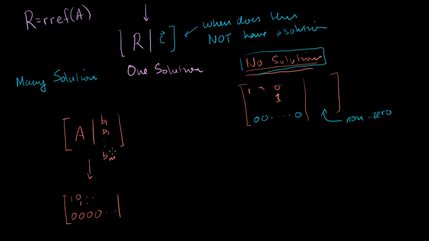When we perform the row operations on this generalized member of Rm, this last row has some function of the b's, maybe B1 plus 3 B2 minus B3. I'm just writing a particular case. It won't always be this.